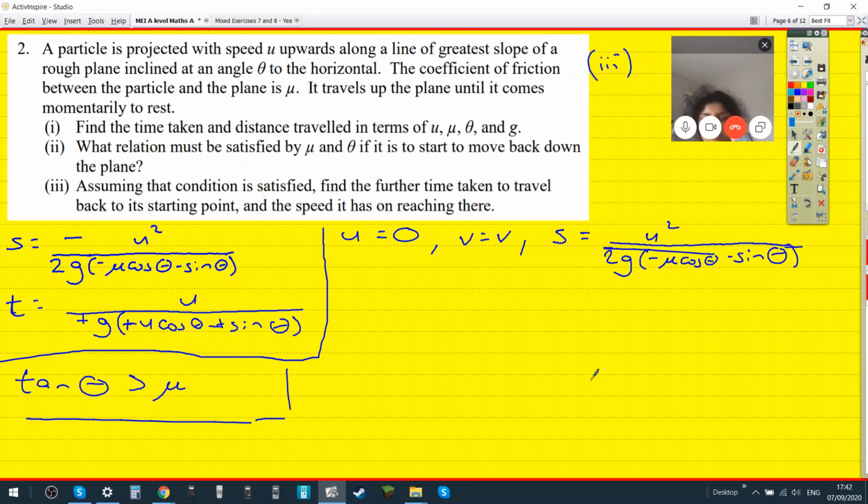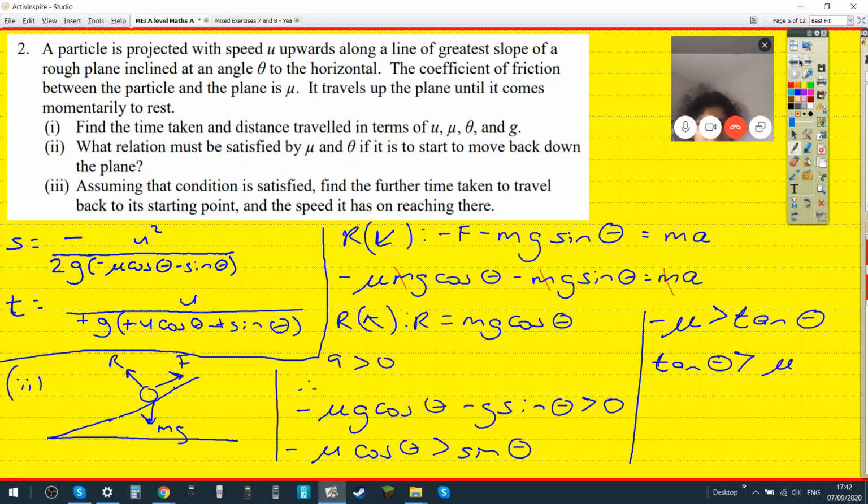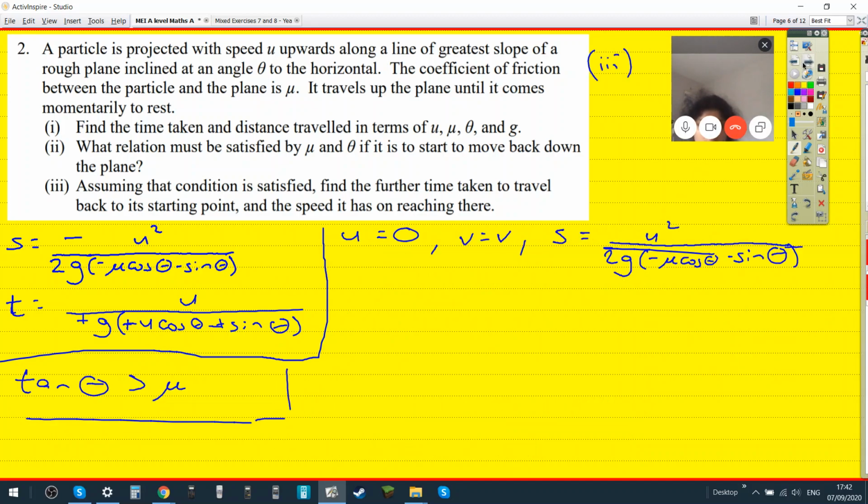So that's s. You know a as well. We worked it out before. I'm guessing it's the same, but just change the sign again. So a is mu g cos theta plus g sine theta. So it's that down there. But you could divide by g.